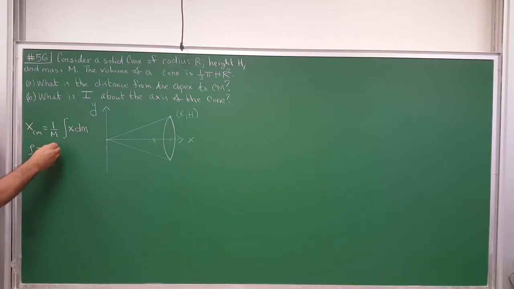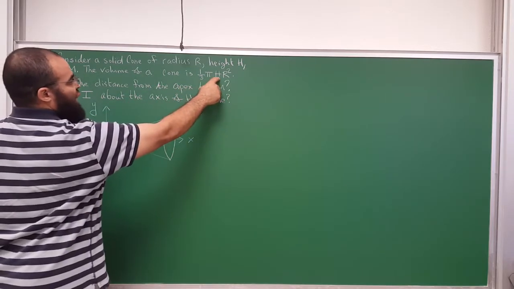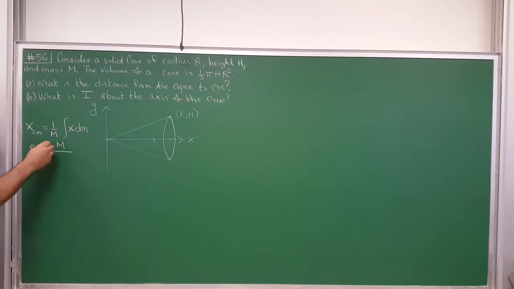Density is mass over volume, so it would be capital M divided by 1/3 pi h r squared. The 1/3 becomes a 3 because I'm dividing, and then I have pi h r to the second power. That will be the density.